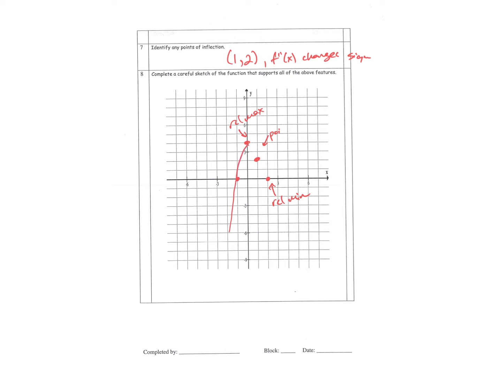And then what happens from 0 to 1? It was what? Slope was down, right? And then what was your concavity from 1 to infinity? It was concave up. So it should look something like that. All right. See how we worked that? All right. Make it smooth.